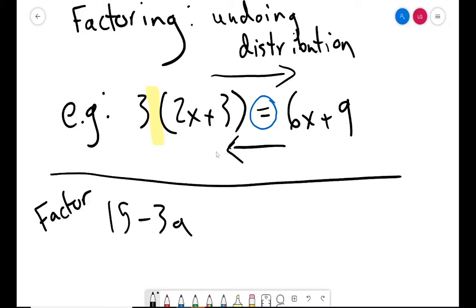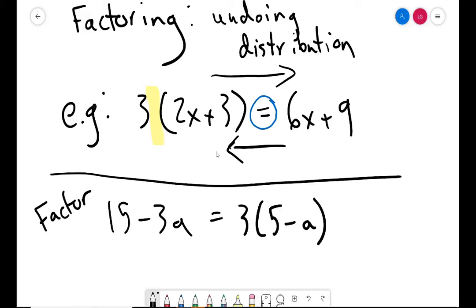Is there anything common that could maybe divide out? For example, there's an a in this, but only in the second term. There's a 15, but only in the first term. But there's a 3 in common here, because 3 divides 15 and 3 divides 3. So this is equal to 3 times 5 minus a single a.